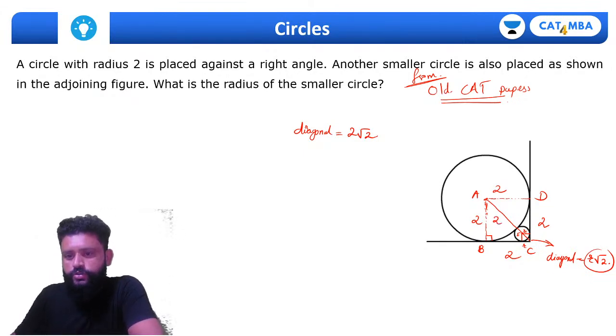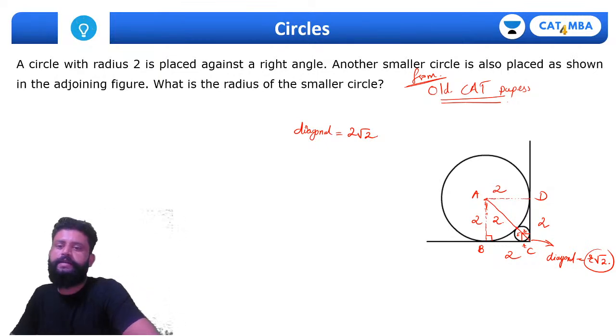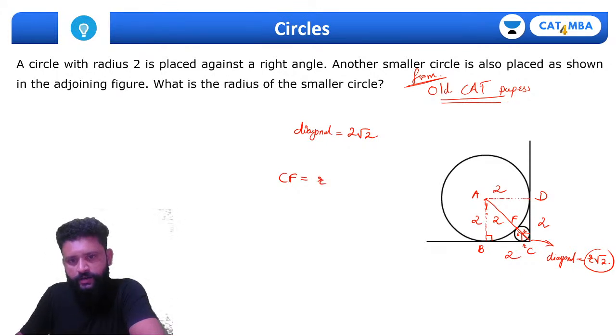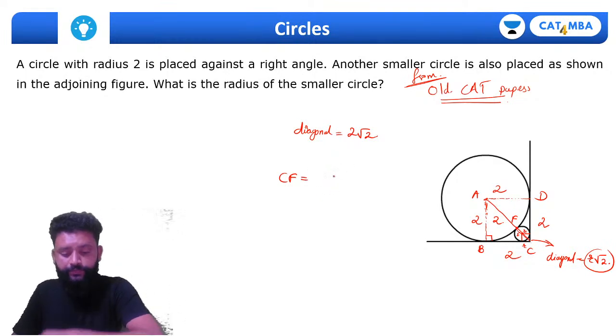Okay, now we know this is 2 and this is the diagonal, let's say this point is F, we haven't taken F yet. Okay, so can you tell me what is FC, the length of CF? CF is r plus, basically I write CF like this so that you won't get confused here.